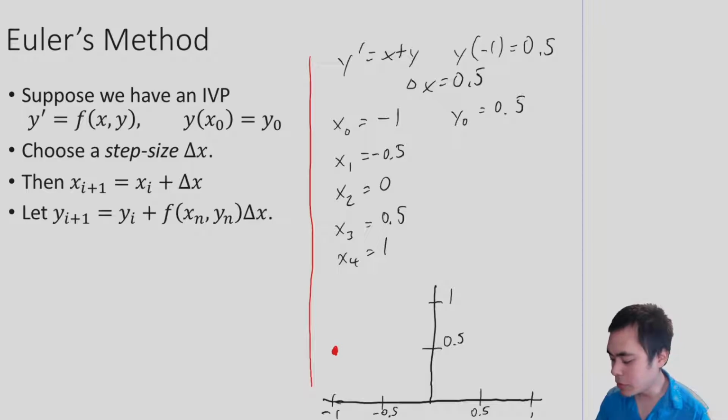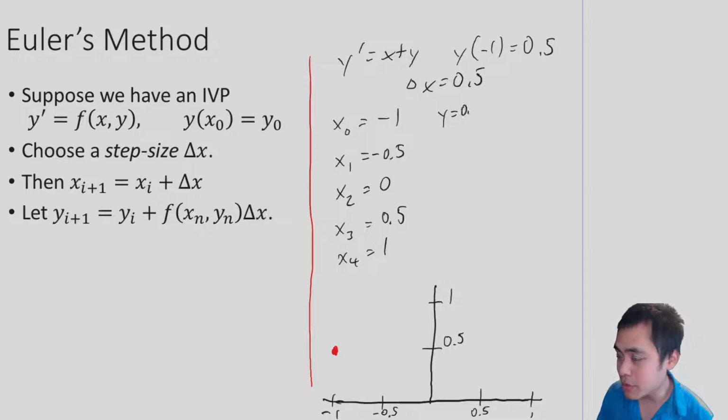So we can compute the slope at this point, which is going to be, let's see, let me give myself a little bit more space here. So let's say this is y is equal to 0.5. And so then we want y naught is equal to 0.5. And so then the slope here, f, is going to be equal to minus 0.5.